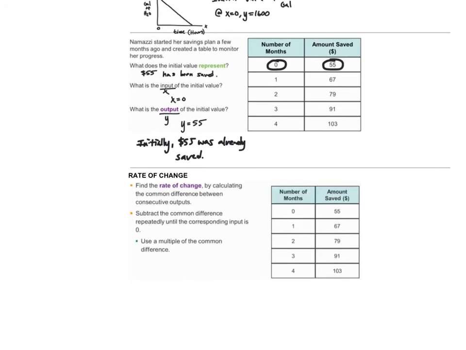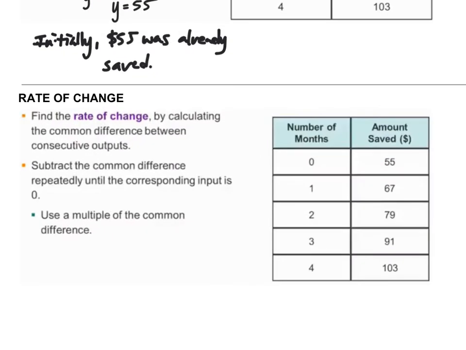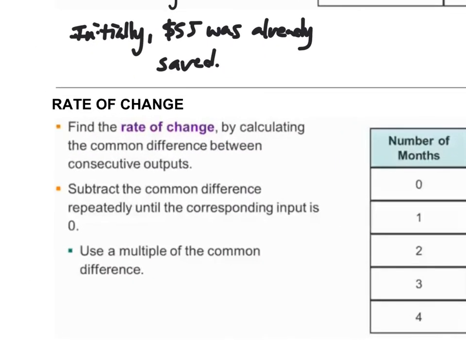So let's talk about rate of change. Now, rate of change is the slope, okay? If you've heard the word slope, rate of change means the exact same thing. Now here they talk about finding the rate of change.